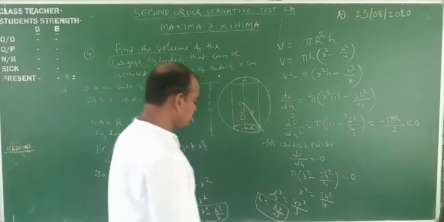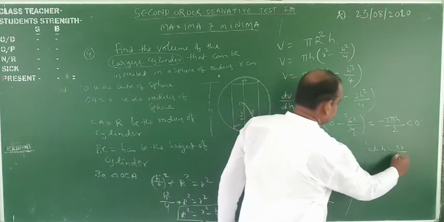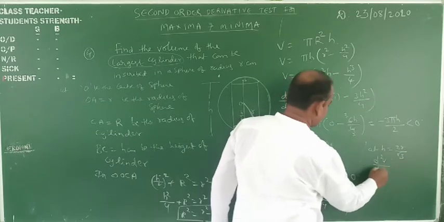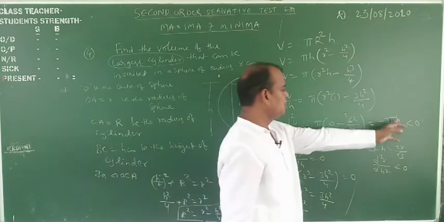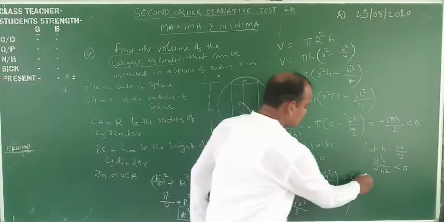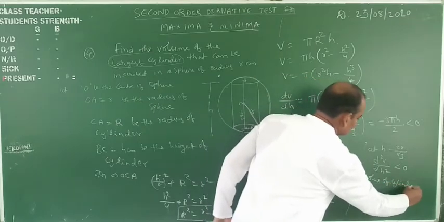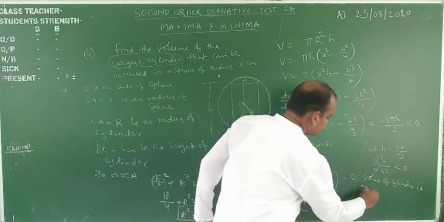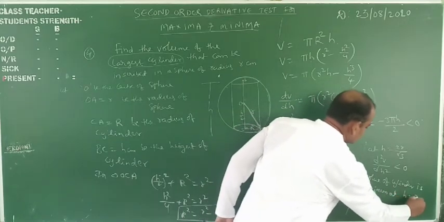At that h, d²V/dh² is 100% negative. Substitute, no problem at all. Negative means the volume of the cylinder is maximum at h equal to r by root 3.